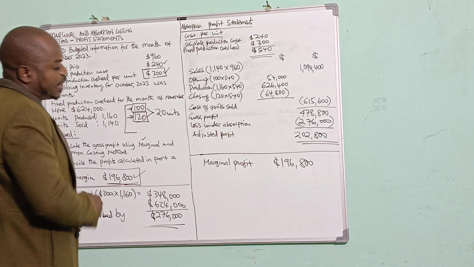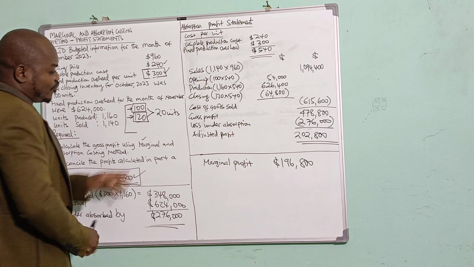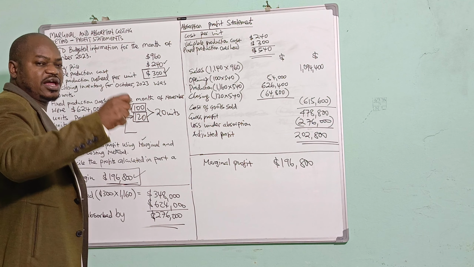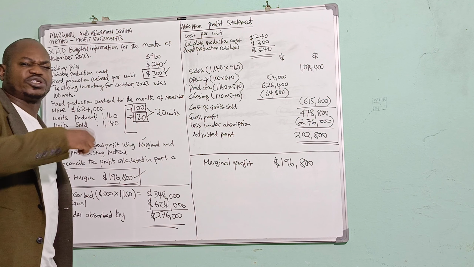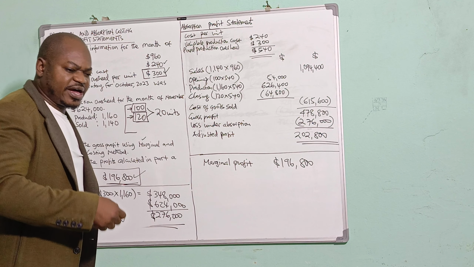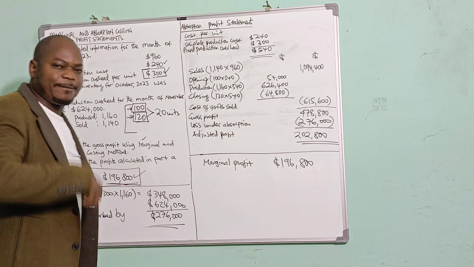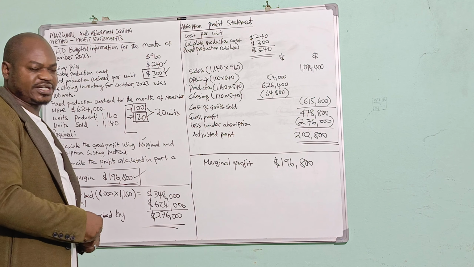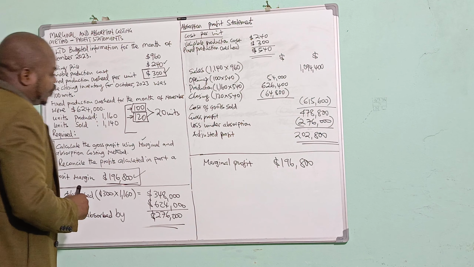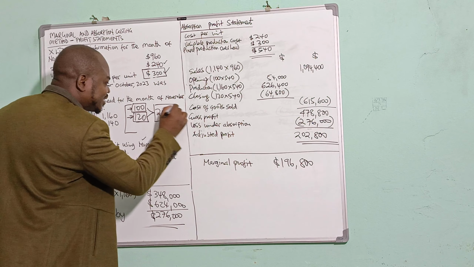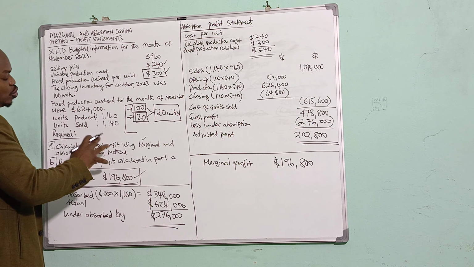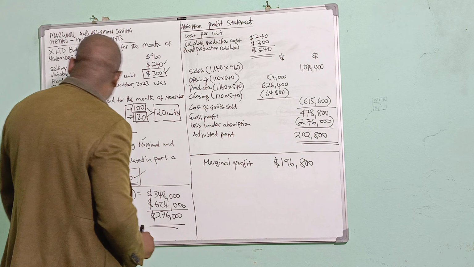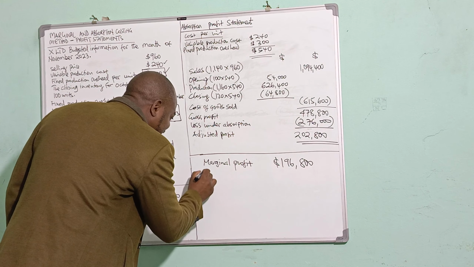So from there, if you've understood what I've explained here, it simply entails that in the event that inventory is increasing, absorption costing method is going to record a higher profit than marginal, because it transfers more cost into the other period than it received. Okay? So now, the biggest issue is actually the 20 units itself, the difference in opening and closing inventory. This is what causes the difference in what? In profits. Okay? So now, let's see how this is going to work out as I'm adjusting.